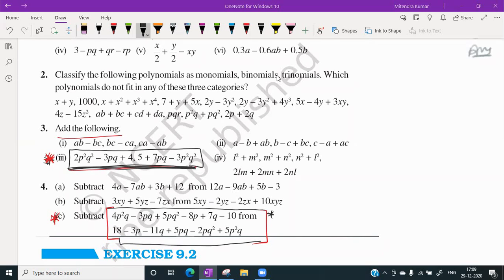Yes, sir. First problem completed. Okay, try the second question. Okay, sir, the second problem is also almost complete. Subtract this from this. Okay, if you have completed, just wait. Let others solve.